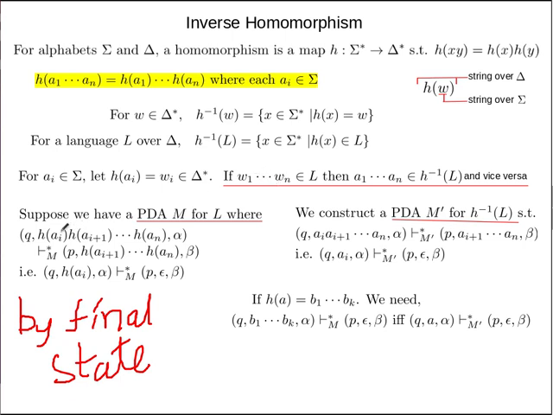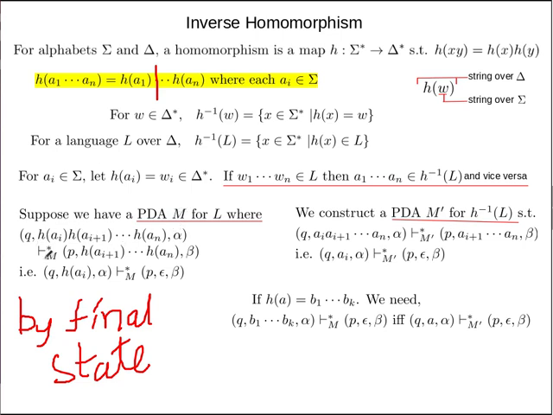So suppose it has processed up to some h of a(i-1). Okay, it has processed up to some point, and from this h of ai we have the remaining string here, and at this stage the state is say q, and the stack is alpha. So this entire thing is an ID of M, right?